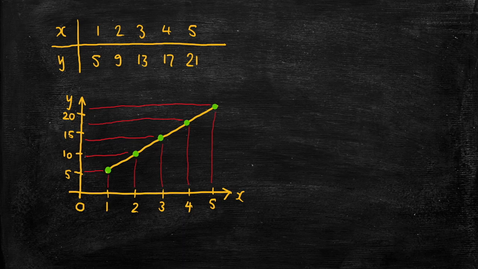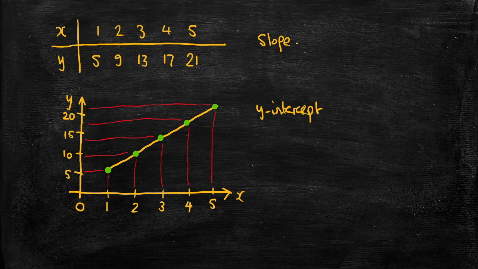So when I have data like this that lies along a straight line, I can represent the relationship between x and y using a linear function. And there's two parts of a linear function that we need to think about. One of them is the slope, and the other one is the y-intercept.